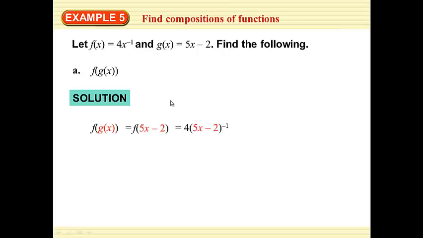So where the x was, now I have 5x minus 2. And now I can simplify that down. Negative exponent, so I put it on the bottom, make it positive. The 4 stays on top. Okay, so when I find the composition of functions in general, I substitute the initial function in.